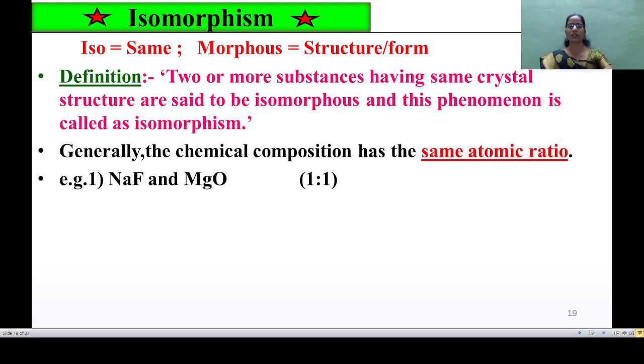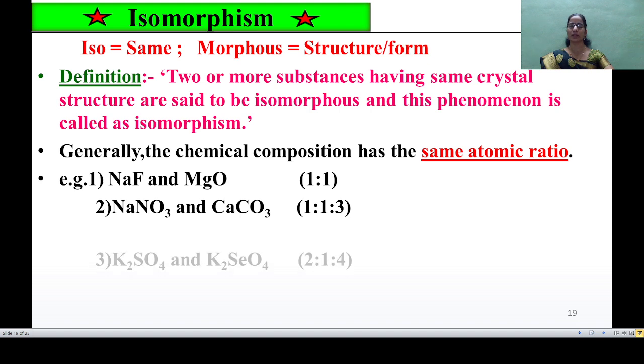Similarly, in magnesium oxide, there is one magnesium atom and one oxygen atom. Since both have the same atomic ratio, they are isomorphous with each other. See the second example, sodium nitrate and calcium carbonate. Here the atomic ratio is 1:1:3. One sodium atom, one nitrogen atom, and three oxygen atoms. Similarly, one calcium atom, one carbon atom, and three oxygen atoms. Thus, these are isomorphous pairs.